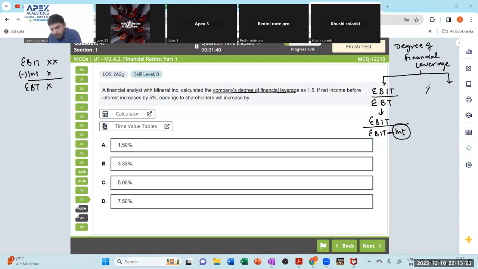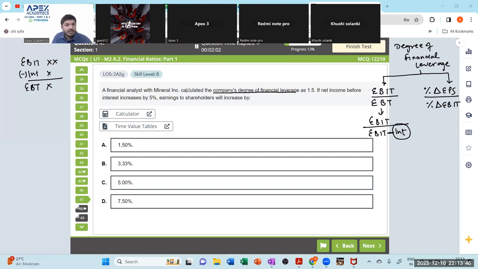This is also written in terms of delta as percentage delta earning per share upon percentage delta EBIT. This is going to be a fantastic conversation ahead for operating leverage, because it's a very good question. I think that is question number 30. I've earmarked that question. Now I'll purposely jump to 30 from here.